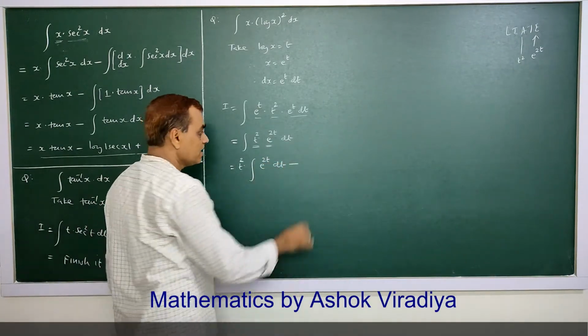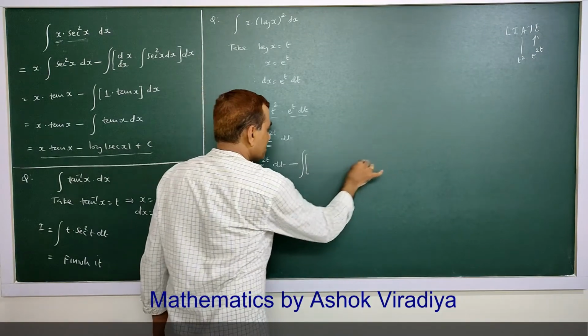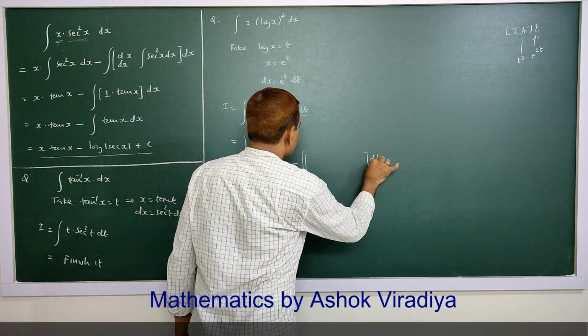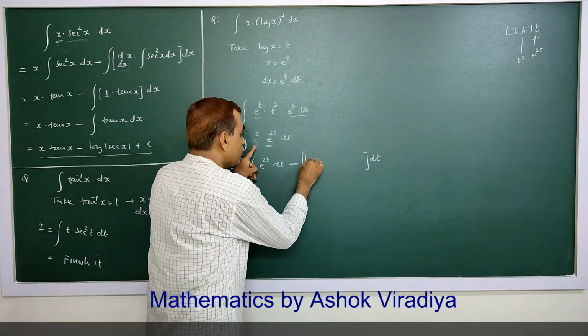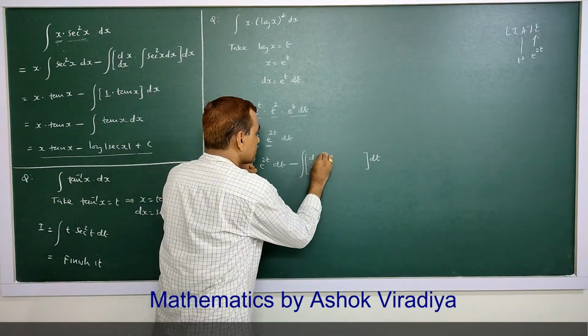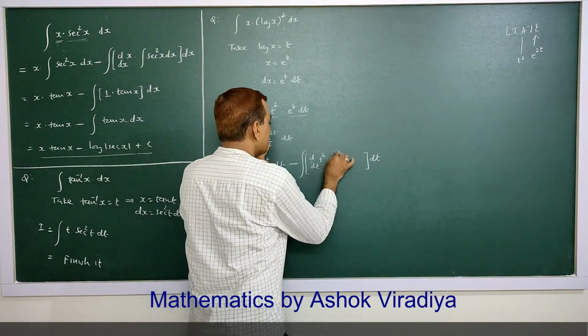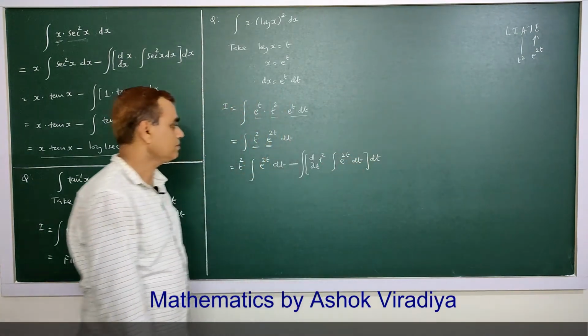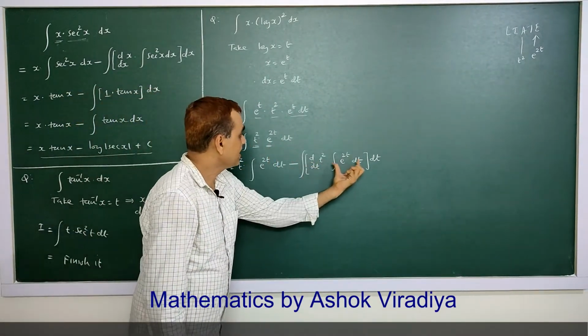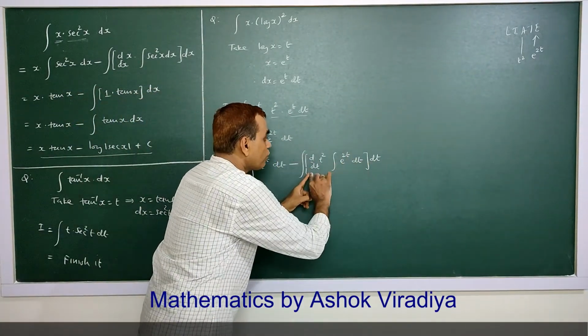minus integral of box with respect to t. In box: derivative of u, integral of v, derivative of u, integral of v, and integral of the whole box.